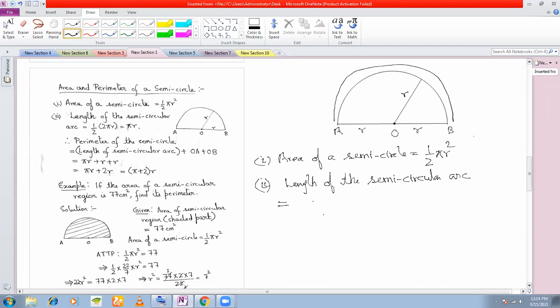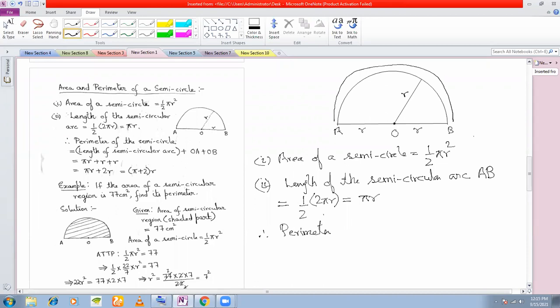Half of the length of the full circle. What is the length of the full circle? 2 pi r. So half of 2 pi r, which is pi r. So if you want to find only the length of the arc AB, the length of the arc AB is pi r. Clear with this? Any question?